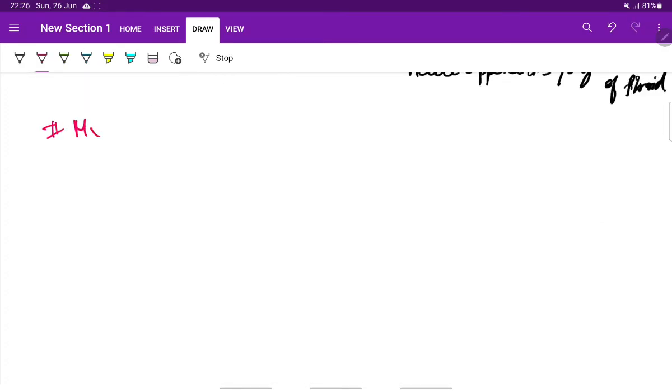Next, the management of abruptio placenta. As in placenta previa, there is general management and obstetric management.